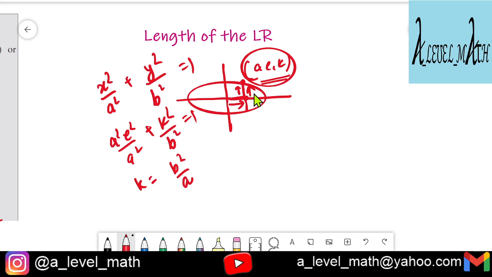So K is this perpendicular length from the focus. Half of this part turns out to be b square by a, and similarly this downward part will also turn out to be b square by a. So the total distance is b square by a plus b square by a. So the length of the latus rectum turns out to be 2b square by a.